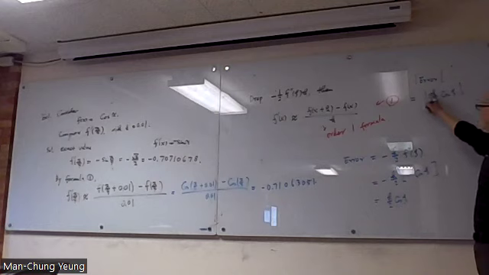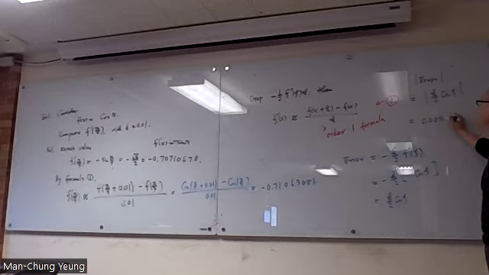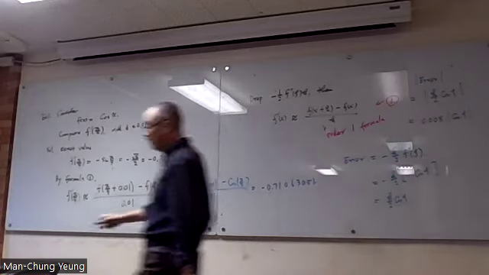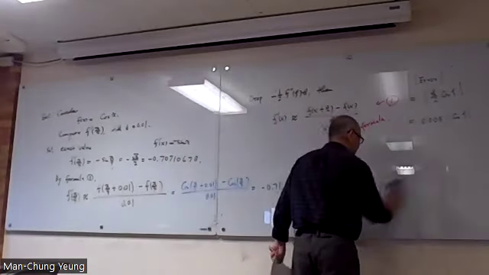So h is 0.01 over 2, so this is 0.01 over 2, which is 0.005, right? Absolute value of cosine. Let me see, sine is between x and x plus h.